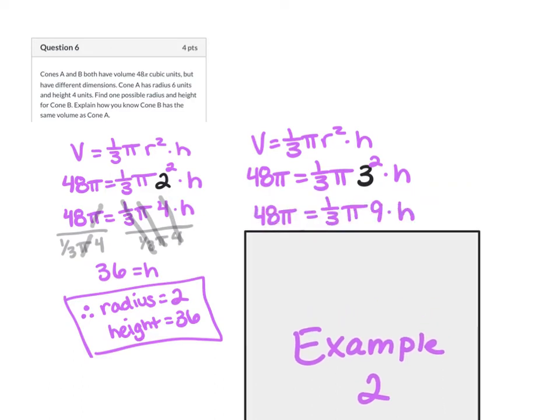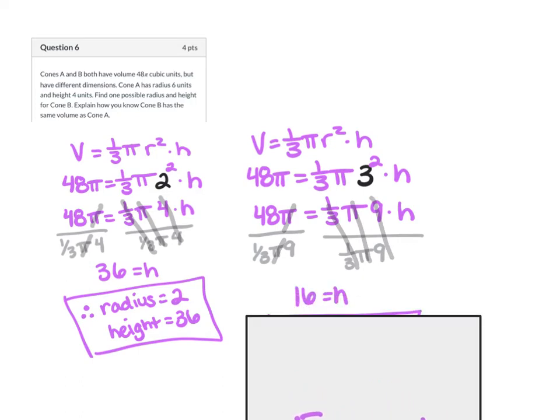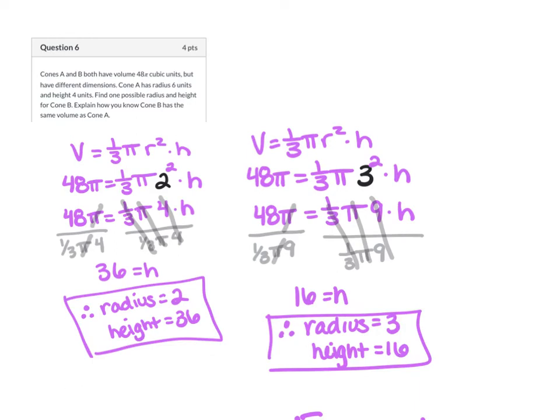One more time, I simplified that radius squared, then I divided by all of those values, and when I did that, I ended up doing 48 divided by 9 times 1/3, and my calculator told me the height was 16. So that told me that with a radius of 3, the cone would have to have a height of 16 in order to make that volume of 48 pi.